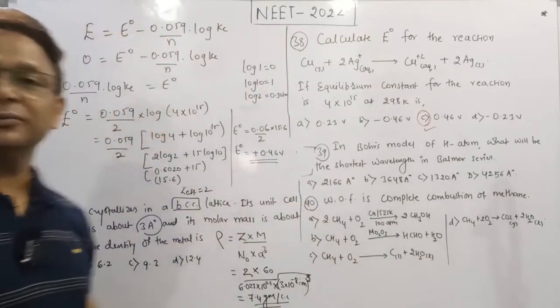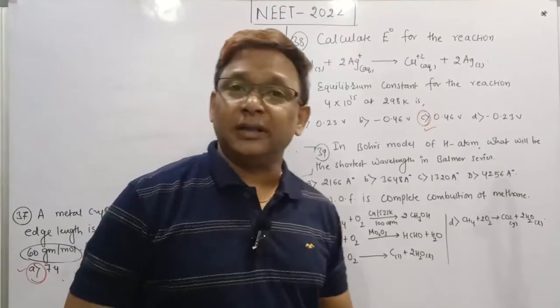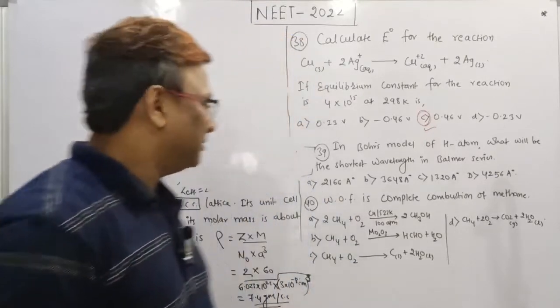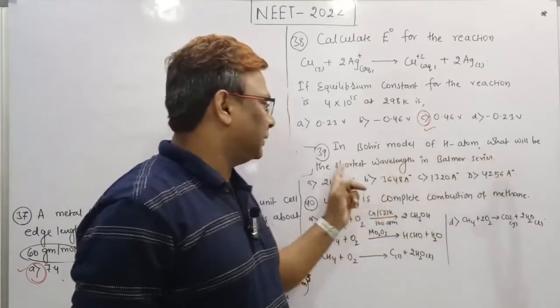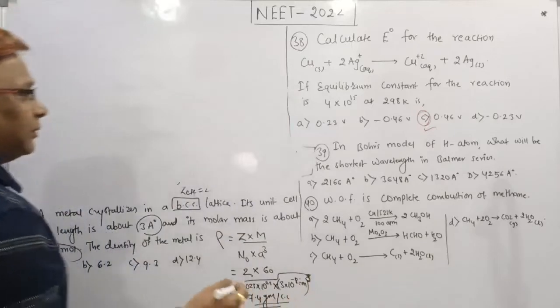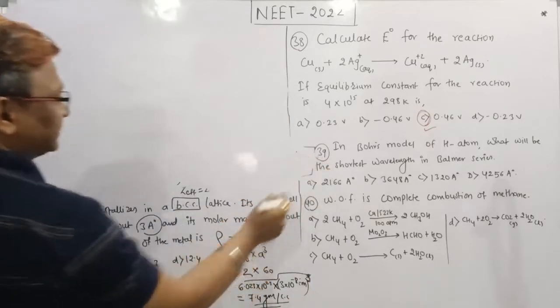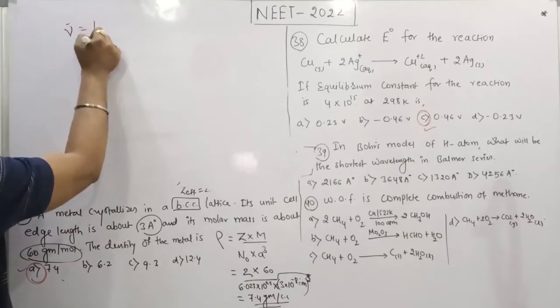You can see here now. See, beta, question number 39. In 39, we have: in Bohr's model of the hydrogen atom, what will be the shortest wavelength in the Balmer series? But you know it is coming from our atomic structure, that is the wavelength. So we know wave number is equal to 1 by wavelength.